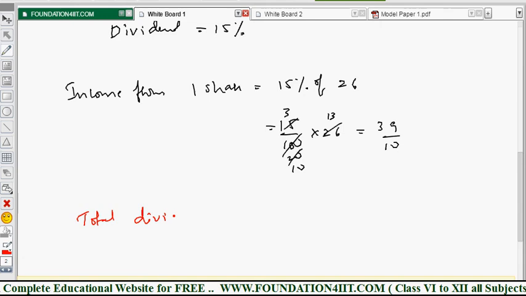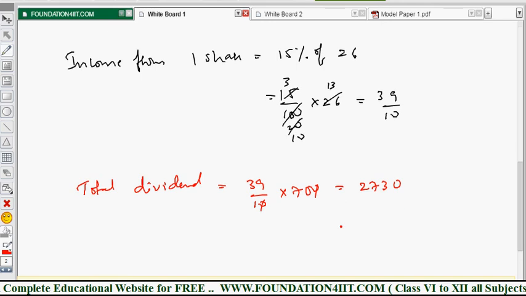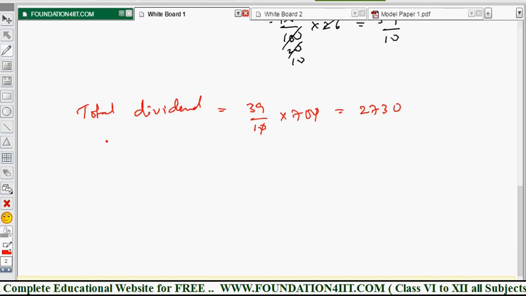Total dividend is 39 by 10, the income from one share, into the total number of shares, 700. So that is 2,730. This is the total dividend.